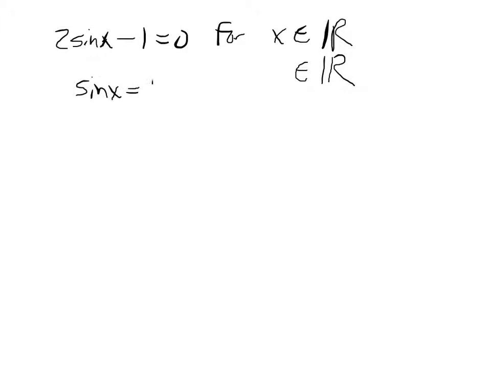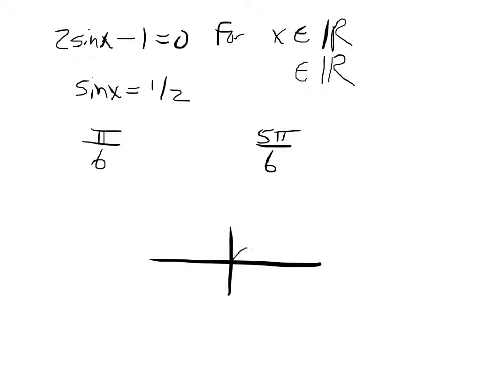So we get sine x equals 1/2. And if I think about between 0 and 2 pi, where sine x equals 1/2, that's pretty easy. That's going to be at pi over 6, or it's going to be at 5 pi over 6. Well, let's think about it. When's the next solution? If I'm looking at where the sine graph equals 1/2, here's my sine graph.